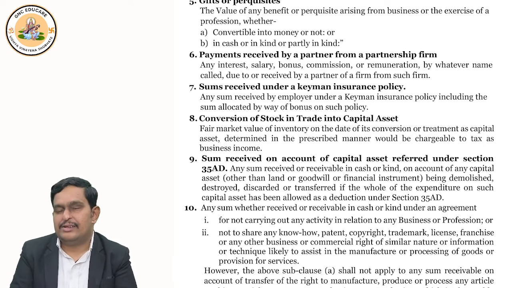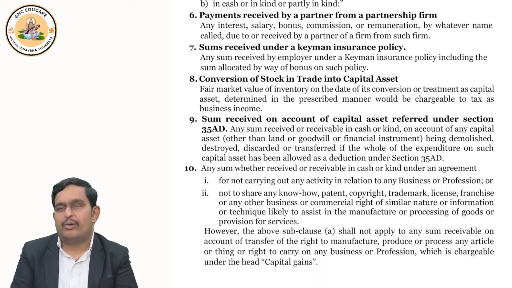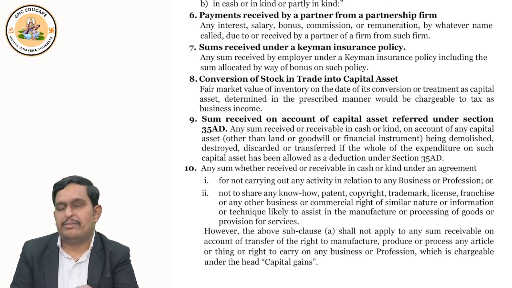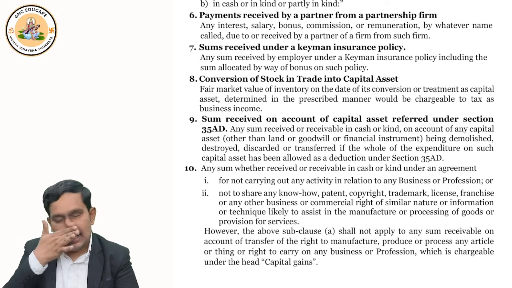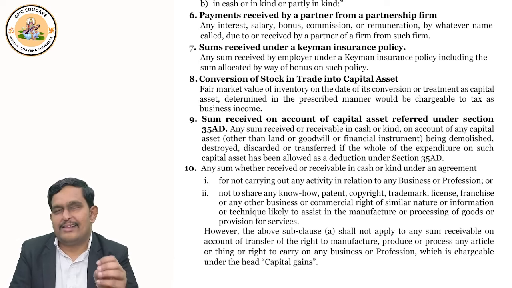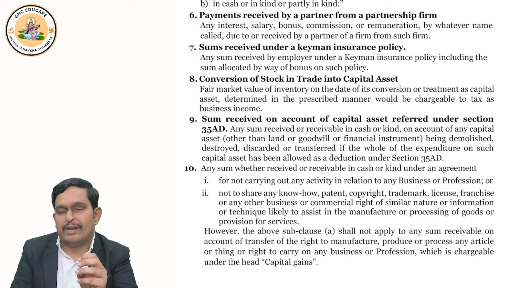Last point. In section 28. Suppose you have written a book and you give the rights to publish the book to some publication. The publication gives you an MOU, Memorandum of Understanding. In that MOU, what will they tell? They will simply tell you that you cannot share this right to publish to any other person.